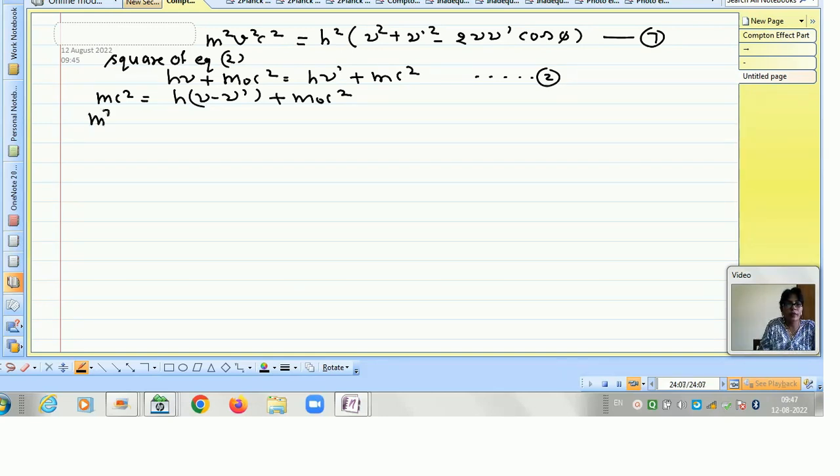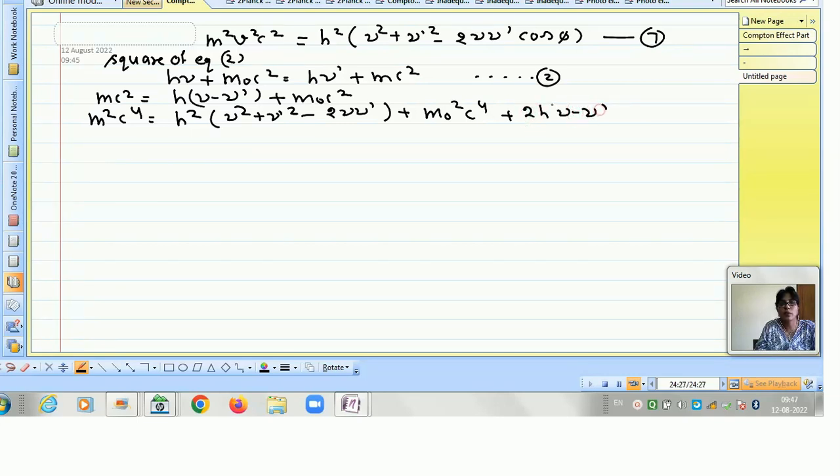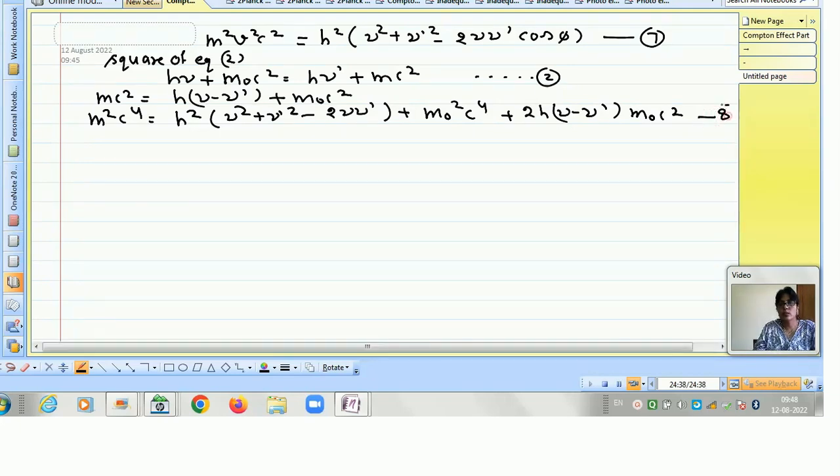So we will get m square c to the power 4 is equal to h square, and then nu square plus nu dash square minus 2 nu nu dash cos phi, plus m naught square c to the power 4, and then plus 2h nu minus nu dash into m naught c square. This is the equation, and this is equation number 8.